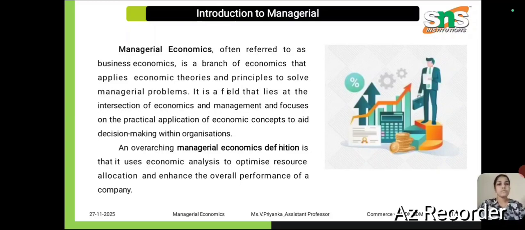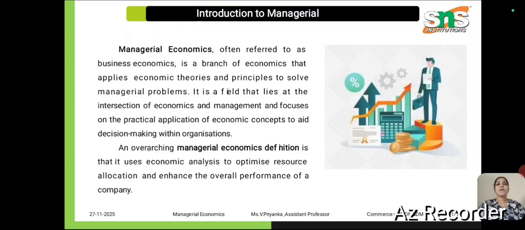So these four things we should know while selling a product. Without knowing this, the product cannot be sold. So we should know that first.